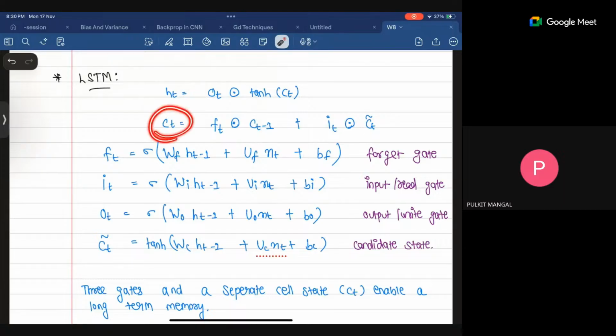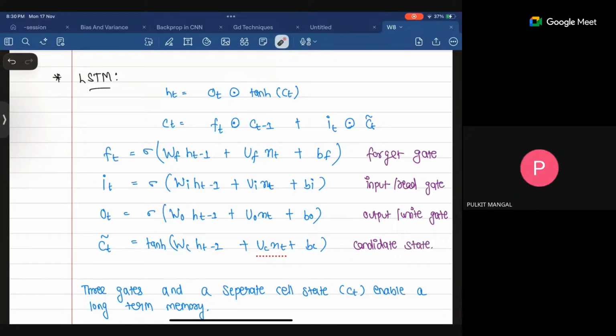That will be your new representation, the new CT, and then that CT will be passed to the tanh and multiplied, with an element-wise operation, with how much information you want to write for the next hidden state. So that was for the LSTM.